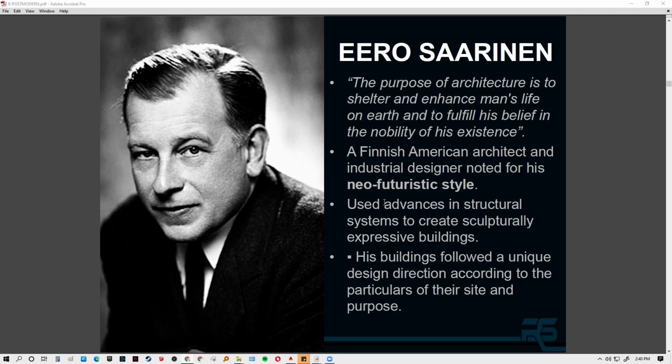So he's basically good with structural systems and using these systems as well as main aesthetic for the design. So his buildings followed unique design direction according to the particulars of site and purpose.